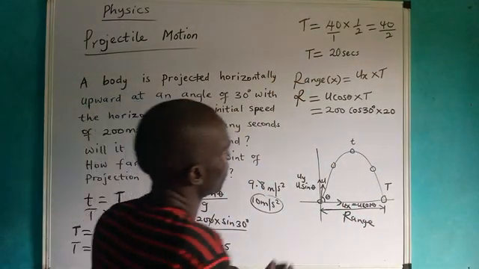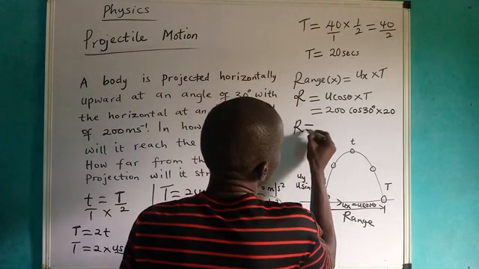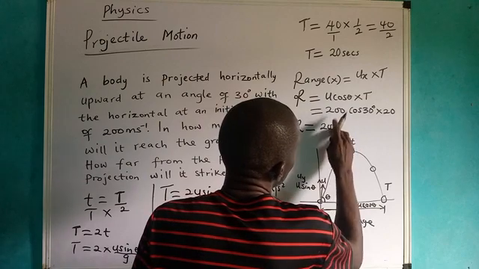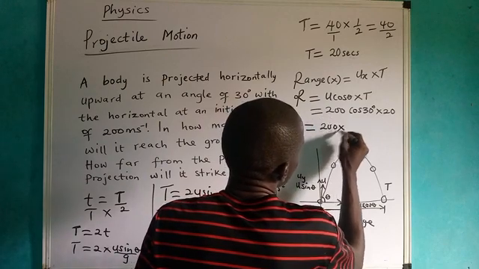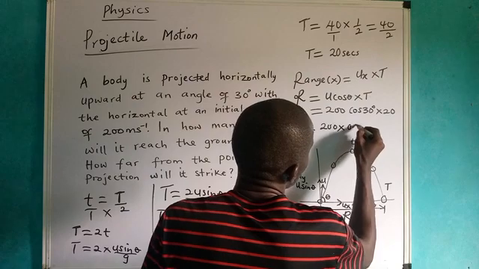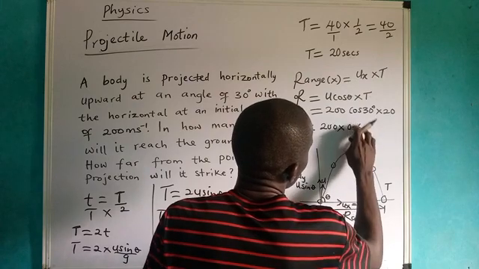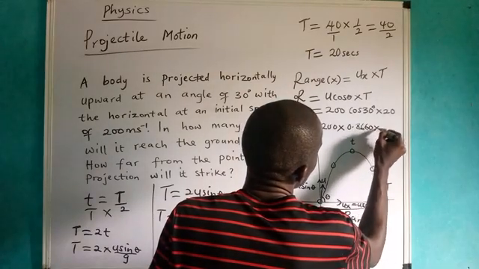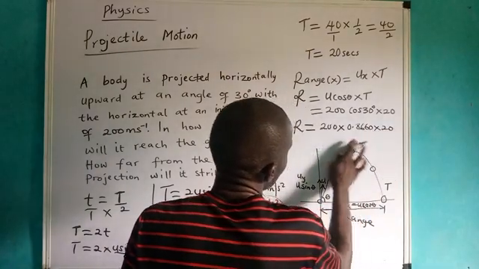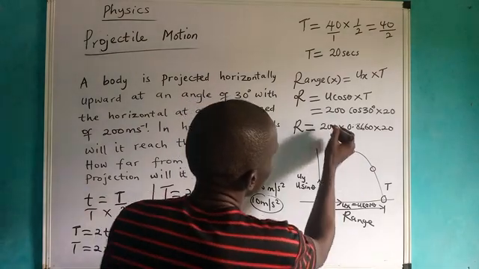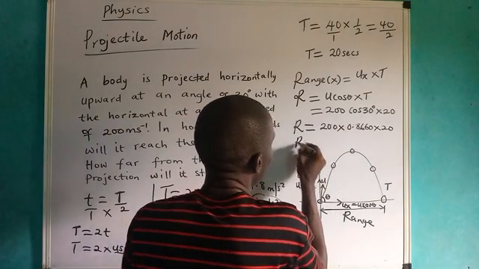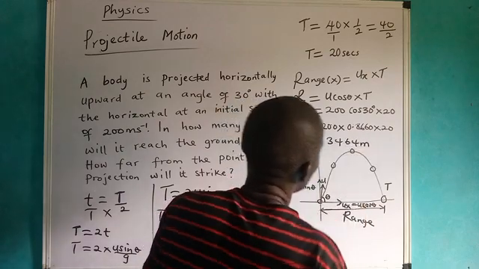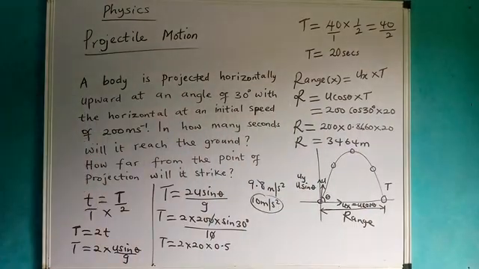Now I can proceed. Range becomes 200 times the cos of 30 degrees, 0.8660, times 20. When I multiply, I will have my range as 3464 meters. This becomes the range.